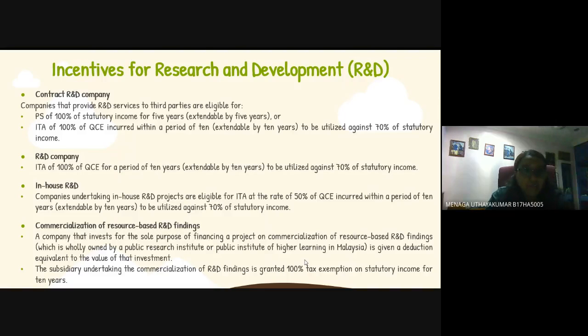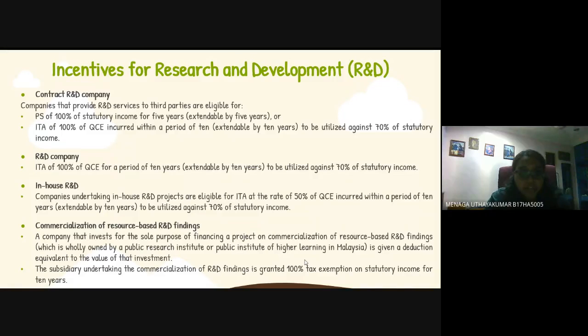Under the R&D company will be ITA of 100% of QCE for the period of 10 years, also to be utilized against 70% of the statutory income. In-house R&D, the company undertaking an in-house R&D project will be eligible for ITA rate of 50% of QCE incurred within a period of 10 years, also utilized against 70% statutory income.